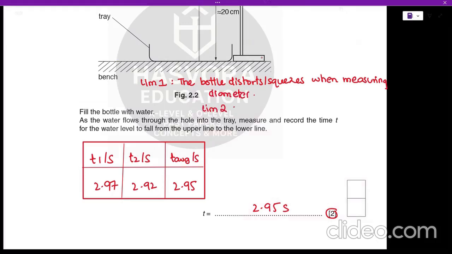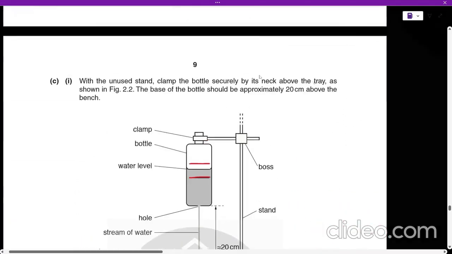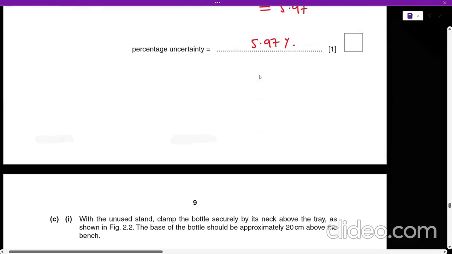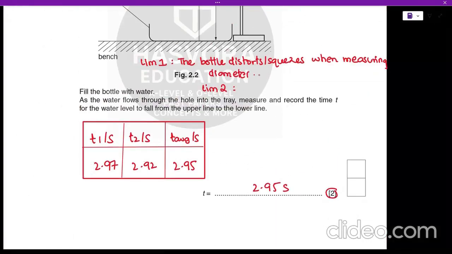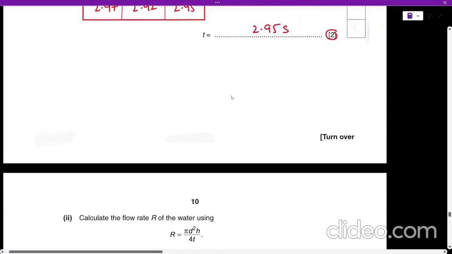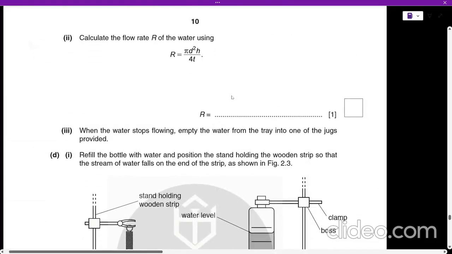The other limitation, which I believe could be a good one, is that it is difficult to see the water level. As the water is transparent, it will be difficult to see the water level due to reflection. So this could be the second limitation.